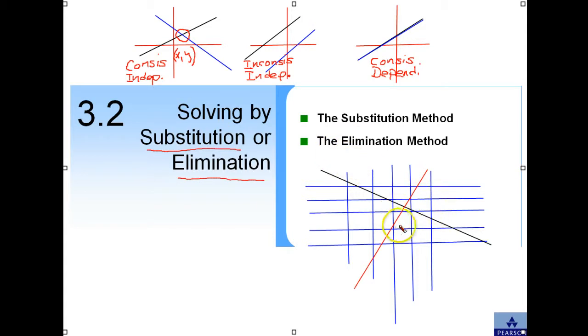Well, what I've done down here is I've drawn a black equation and a red equation, and notice where they are intersecting. They're not intersecting on the grid line. So you can't pull out some nice ordered pairs. You're going to have a fraction here.